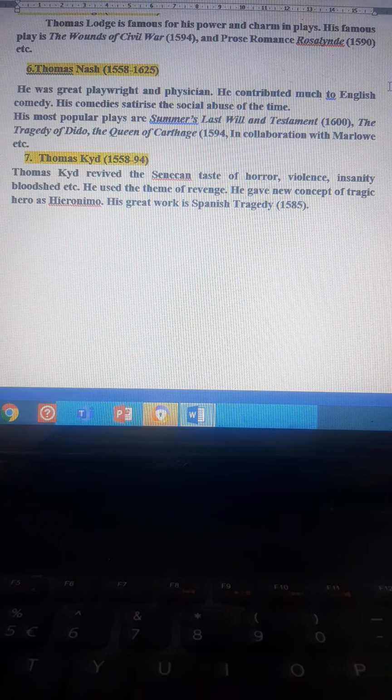They contributed much to all the genres, poetry, prose, and drama, and we owe much to them. If they were not in our history, we would not have our mirror-minded William Shakespeare. We bow our heads in respect to these writers as they gave us William Shakespeare.